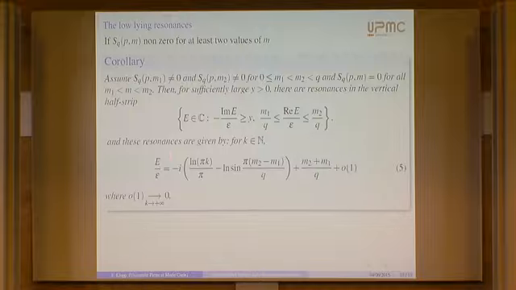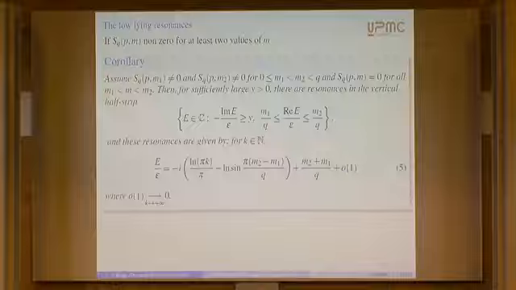In this strip, the resonances have the following asymptotics. So you can get asymptotics for the very low lying resonances from this Fourier coefficient expansion of the reflection coefficient.